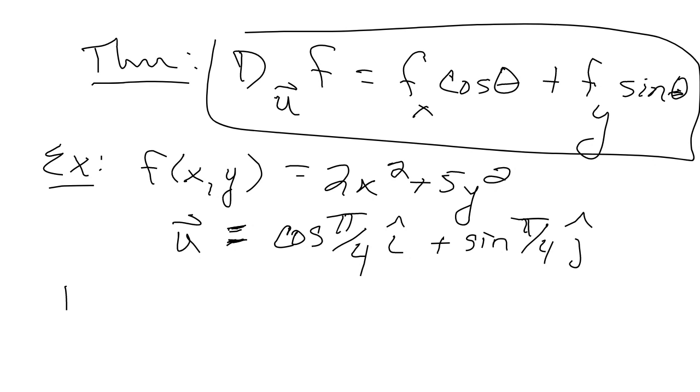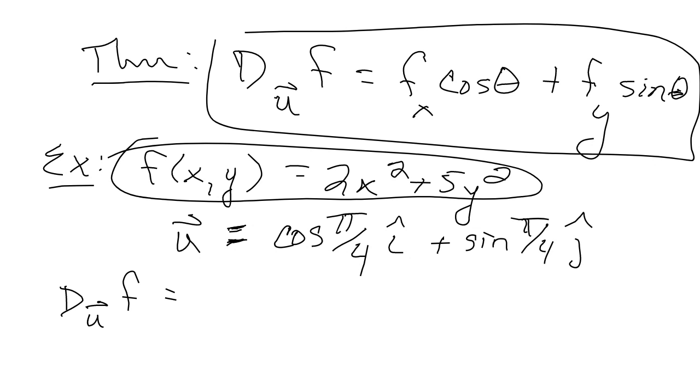The directional derivative of f in the direction of u vector given here is just going to be, once again, the partial of f with respect to x. So here's my function. The partial of this with respect to x is going to be 4x, right? And the 5y squared is a constant, and then times cosine theta.